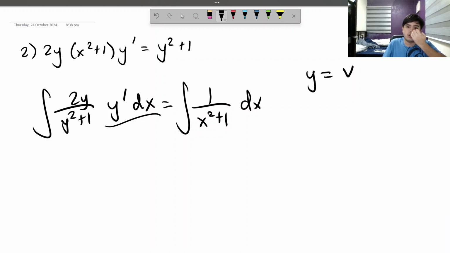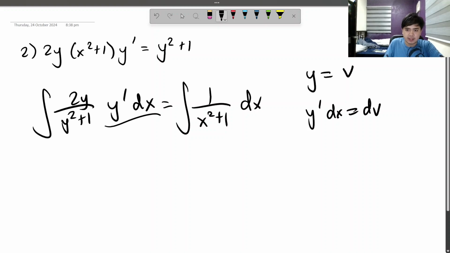So y prime dx would be equal to dv, like that. And then you can say 2v over v squared plus 1 dv, but we can skip that and just skip to the integral part. How can we solve this? Well, if you remember from the integral stuff, this is an example of an ln, y squared plus 1.